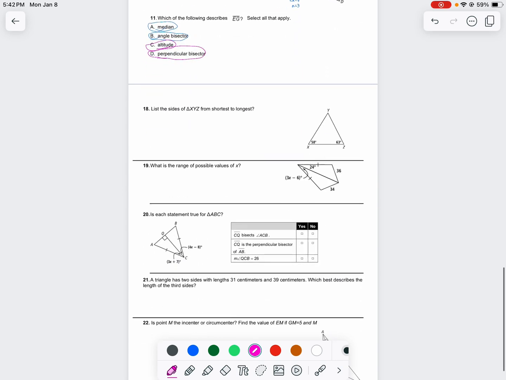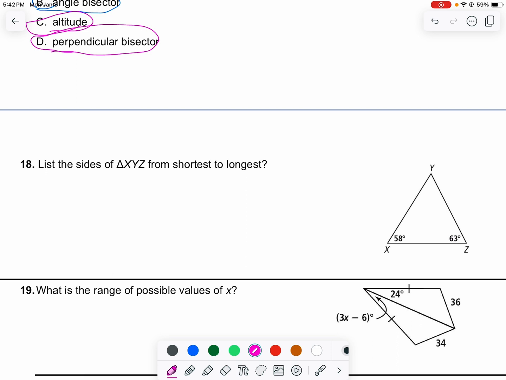All right, turn the page. List the sides of XYZ from shortest to longest. So we know that this angle is 63. We know that this is 58, which makes our third angle 59 using the triangle sum theorem. So which side's longest? Which side's shortest? Which side's next shortest? Well, it turns out that X is the shortest side because the angle's the smallest.